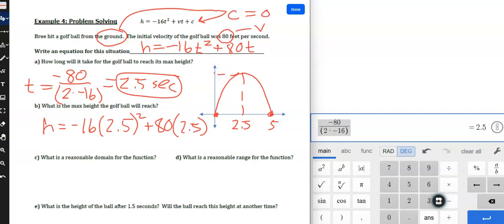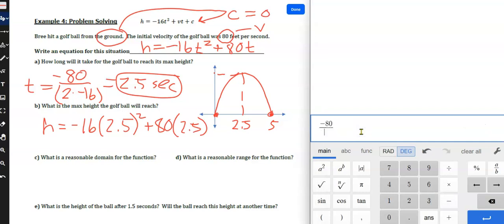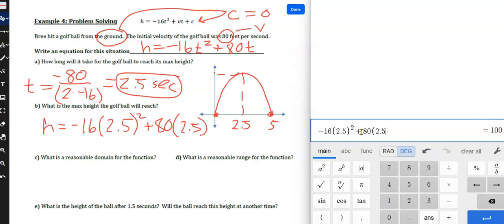I don't know if they're going to ask me that, but we're going to figure out what the max height is here in a second. Come back over here, delete all that. Negative 16, parenthesis, 2.5 squared plus 80 times 2.5. And it looks like we got 100. Maximum height was 100.